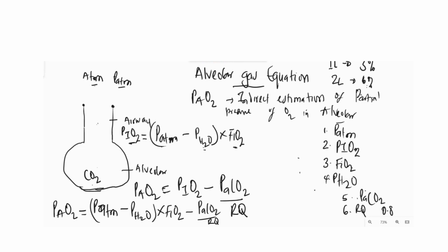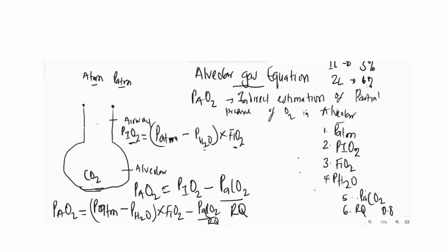And I so much love this equation because looking at it, I can come up with different things that can influence the amount of oxygen that gets to the alveolar, and with differential diagnoses.